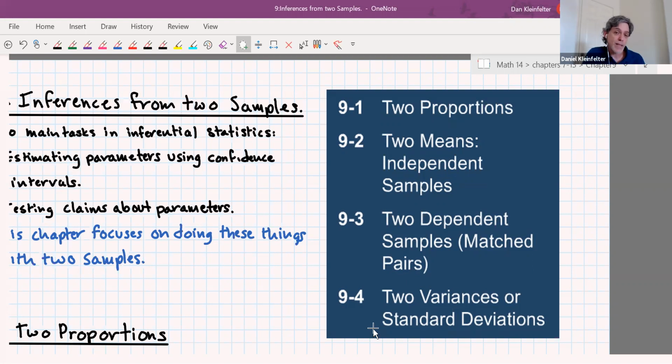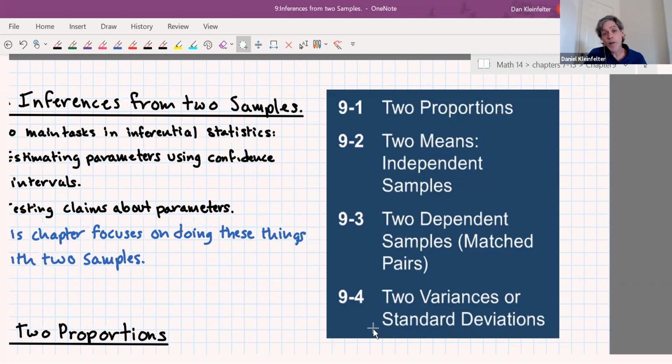But we'd be comparing the variability, standard deviation or variance, in two separate samples. So that's basically what Chapter 9 is about: doing the same kinds of things we've done before, looking at proportions, means, standard deviations and so on, but this time it's about comparing two samples.